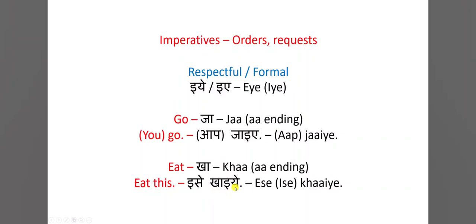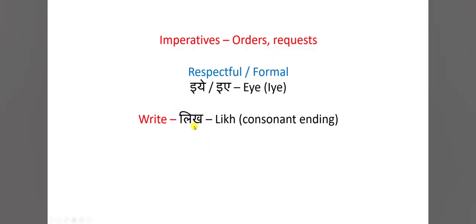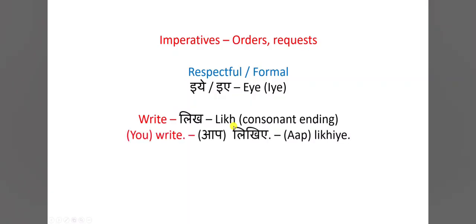If a verb ends in a consonant, for example likh, or in other words, if the verb doesn't end in a, we change the ending of the verb to an i sound and then add ye.